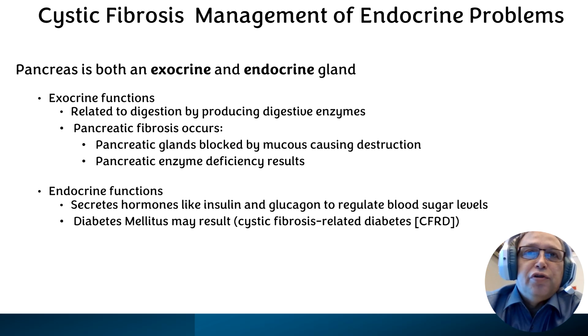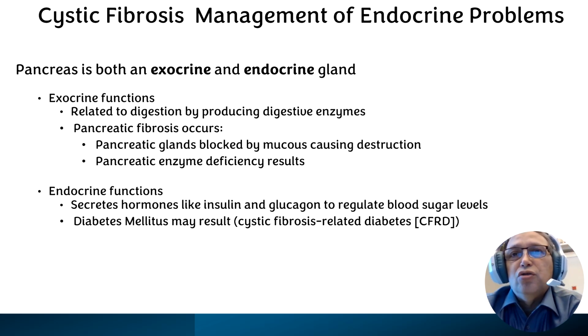As far as endocrine function, there are hormones secreted like insulin and glucagon that regulate blood sugars, and this causes cystic fibrosis related diabetes, CFRD. Also a very common exam question somewhere along the line.